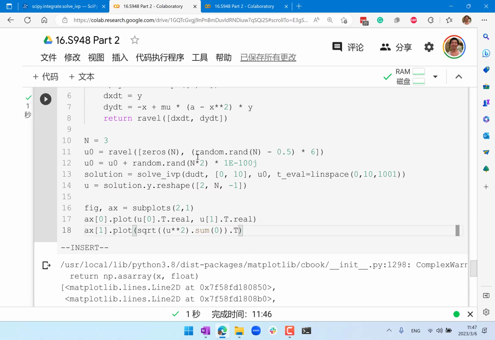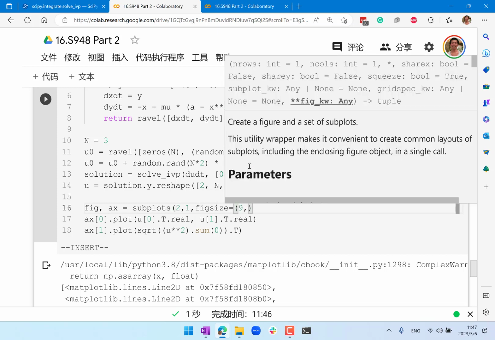So let's integrate for a much longer time to better observe the long-term behavior of the growth. Instead of 10, let's integrate to 100, and make the figure size 9 by 12.